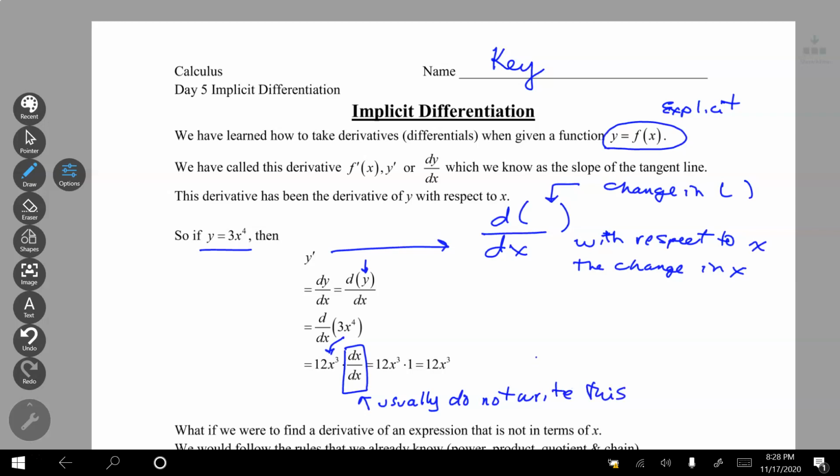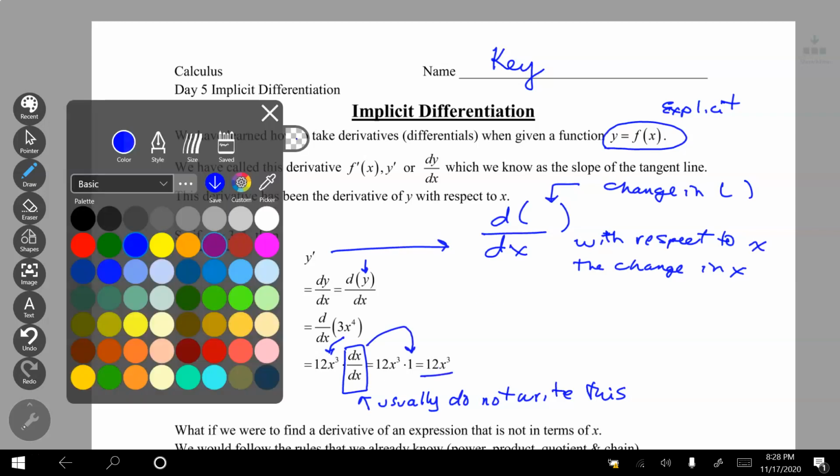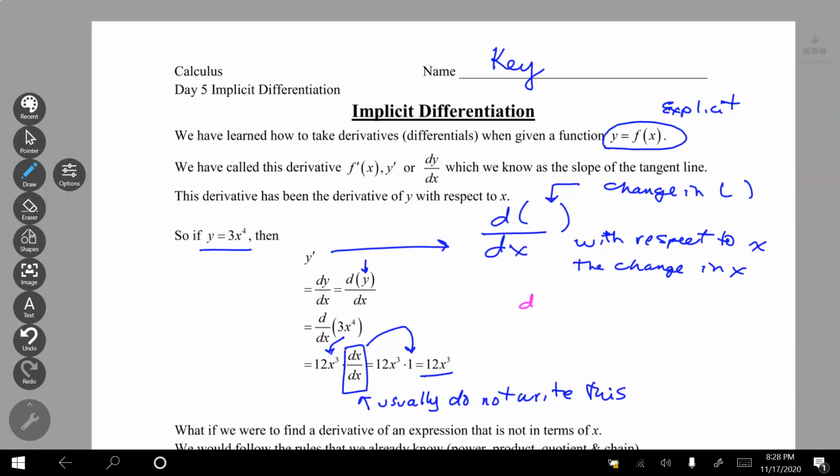Because it doesn't really do us any purpose to write dx over dx, because dx over dx is just 1, and we know we get 12x to the third. So we do d dx of 3x to the fourth.